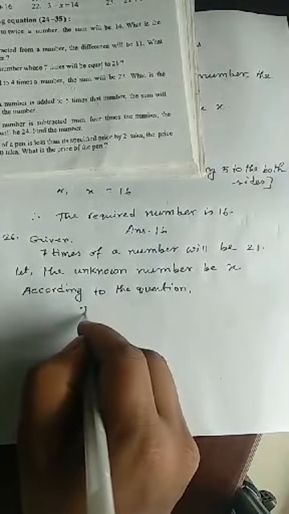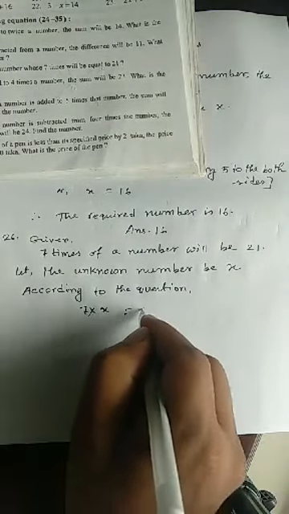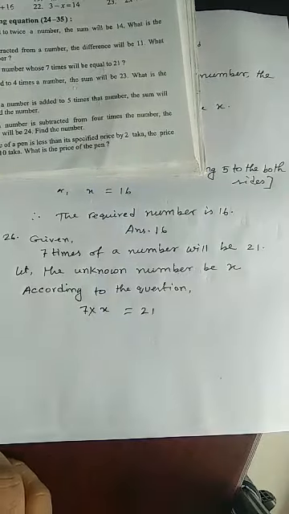According to the question, 7 into x equals 21.